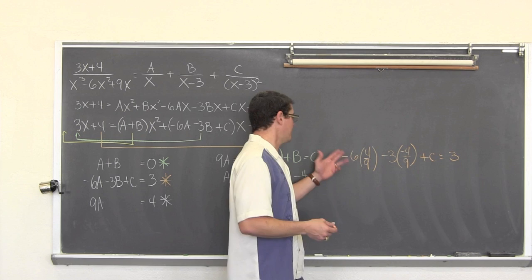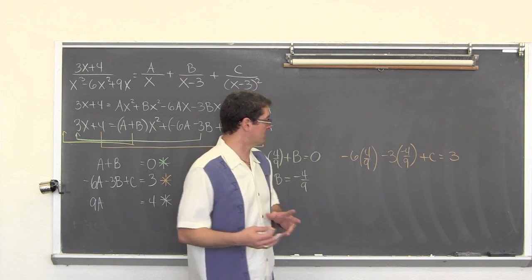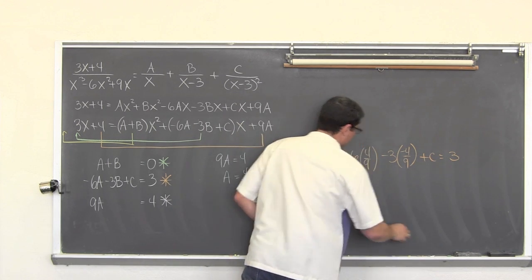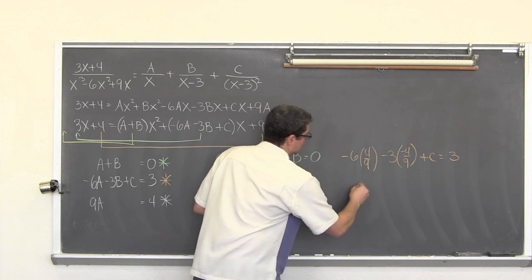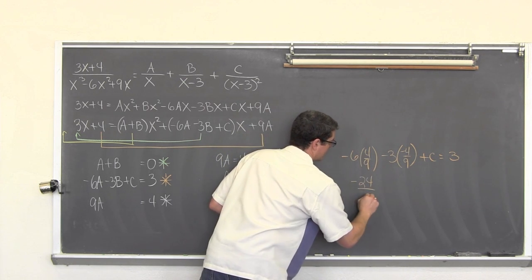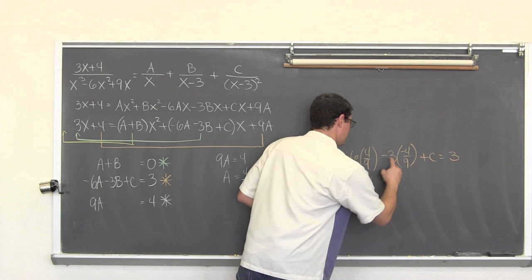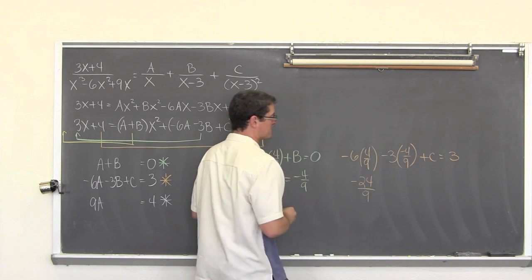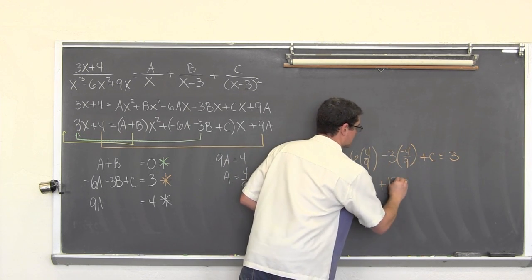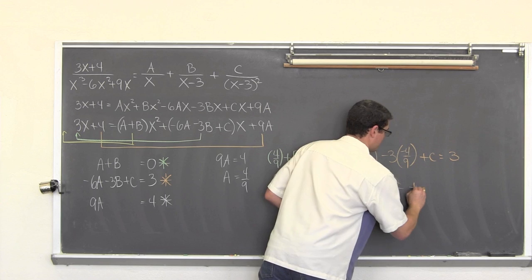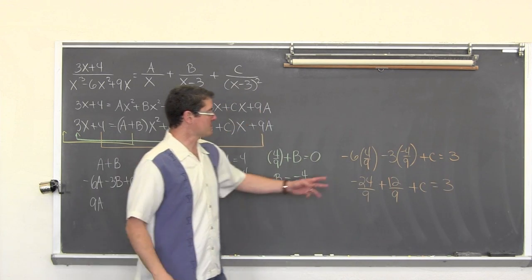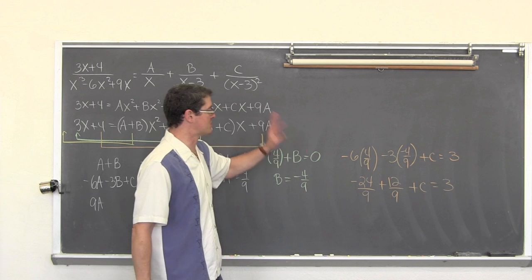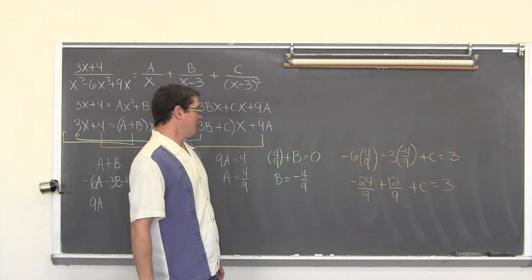Well, okay, the 6/9 reduces down to 2/3, right? You know what, never mind, I don't like that. Let's just do this. Negative 24/9, negative 3 times negative 4 is positive, so we have plus 12/9, plus C equals 3. Okay, these are reducible, I'm just going to leave it the way it is.